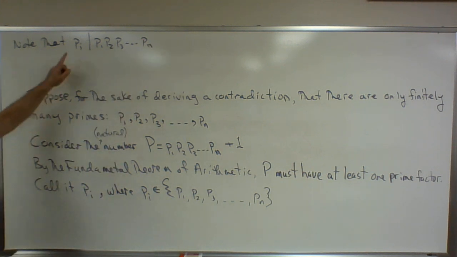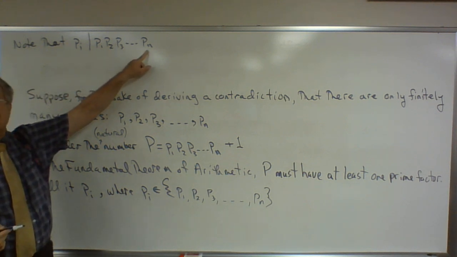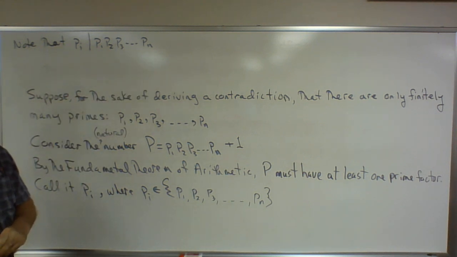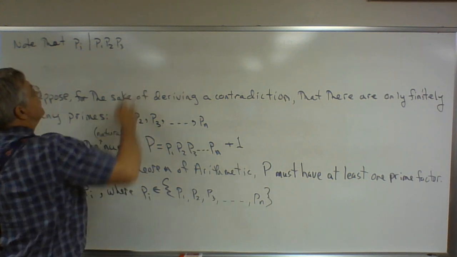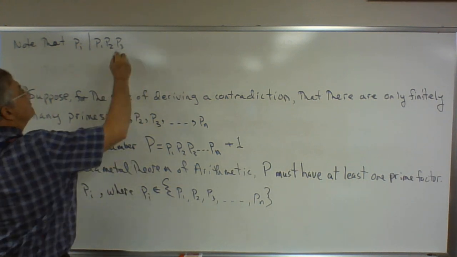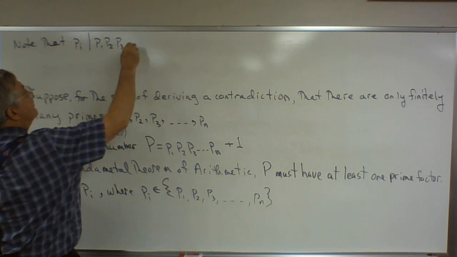Now, this prime number has to divide this product of primes because it is one of the factors here. As a matter of fact, maybe I should make that a little bit more obvious.